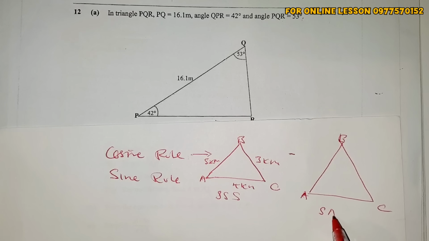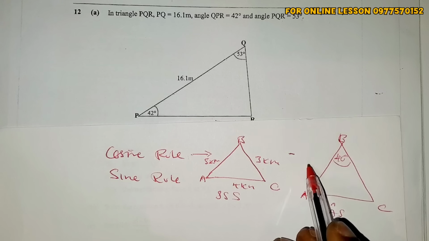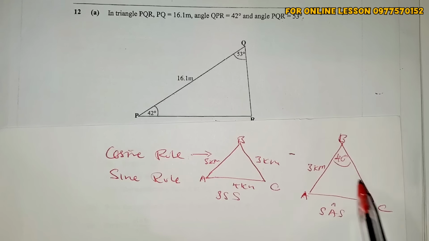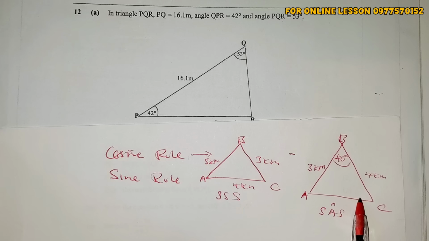It should be side, angle, side. The angle should be in between the two sides. Let's say here is 40 degrees, then you should have this side, let's say 3 kilometers, then here 4 kilometers. So this angle should be in between. This is called an included angle. Are we together? So this angle is in between this side and this side. If this 40 was here, then the side here and here, we can't use the cosine rule.